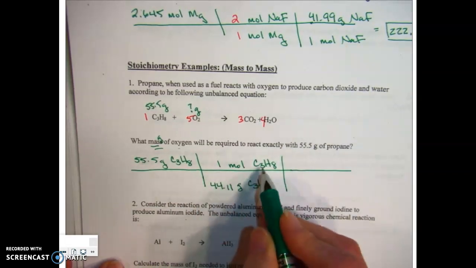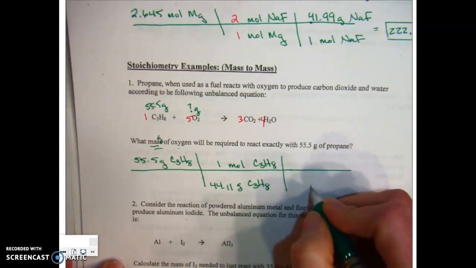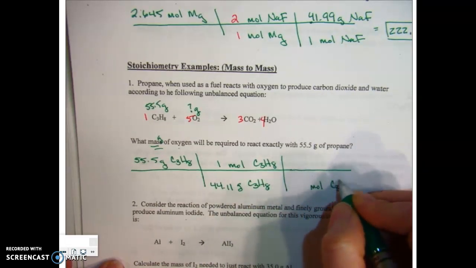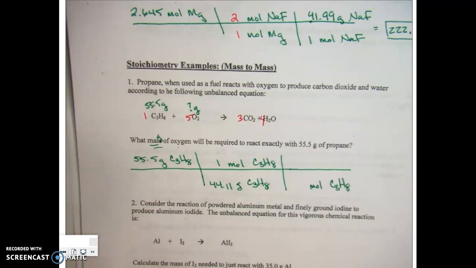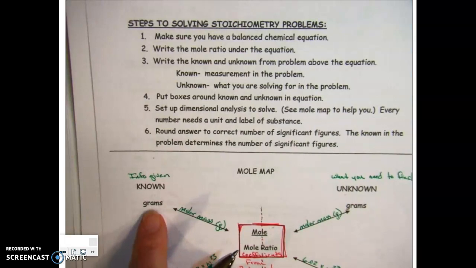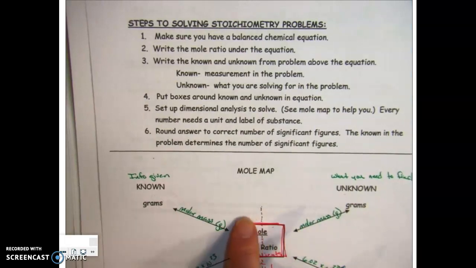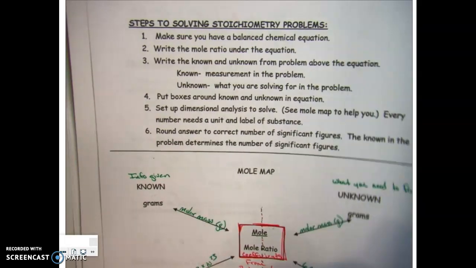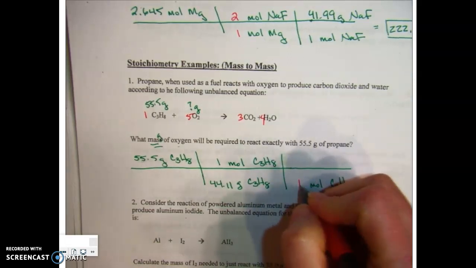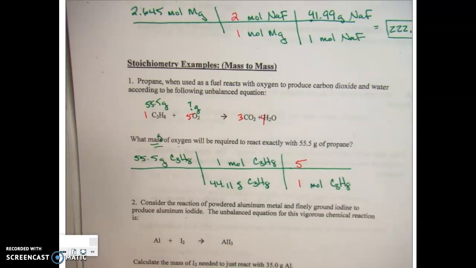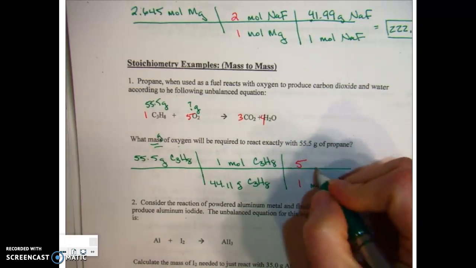So now I have moles. You want to convert. We can compare moles of anything. Again, so here's where I am. I went from grams to moles, so now I use the mole ratio to start talking about the other substance. I have 1 mole of propane for every 5 moles of oxygen.